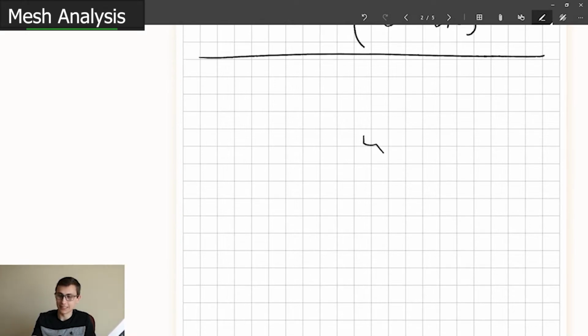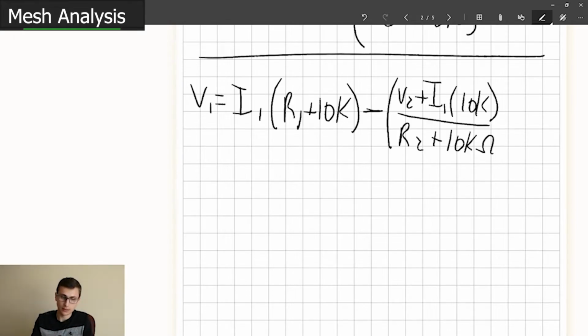Oh, I'm glad you asked, because it is not pretty, right? So by plugging that back in, that was with equation 2, by plugging that back into equation 1, we end up with V1 equals, all right, there we go, times 10K. Who wants to solve that? Any volunteers? No, not me, right?